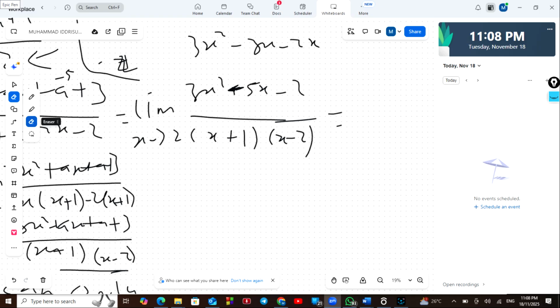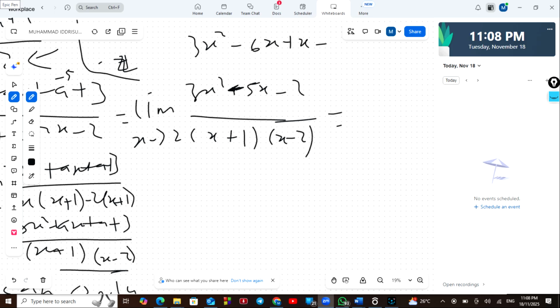No, this will not give us the result we want, so we can use minus 6x plus x minus 2 to represent this. So we can now factor out 3x here, so 3x out, we have x minus 2 plus 1 out.